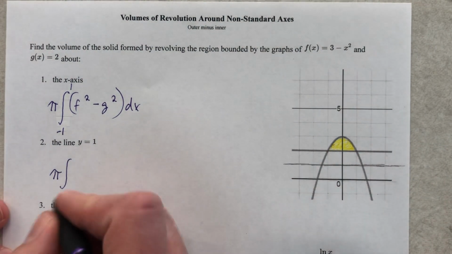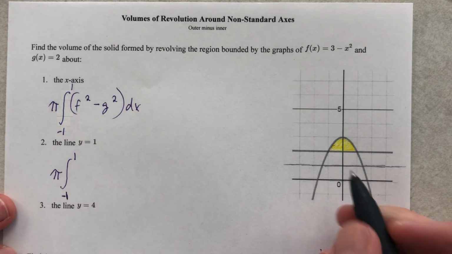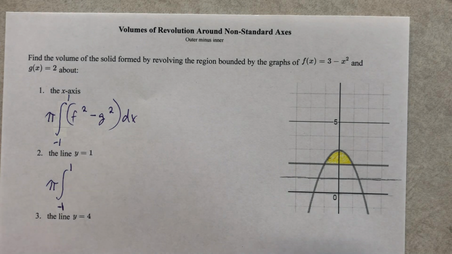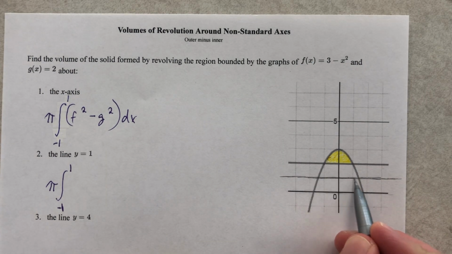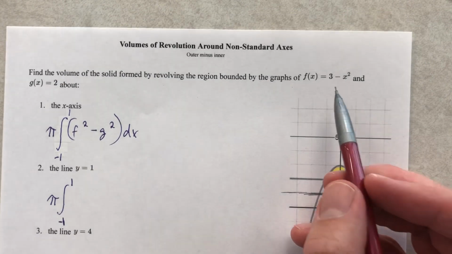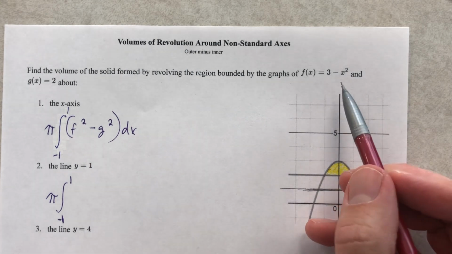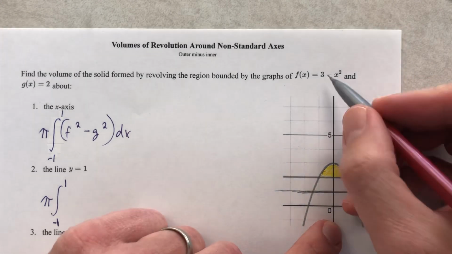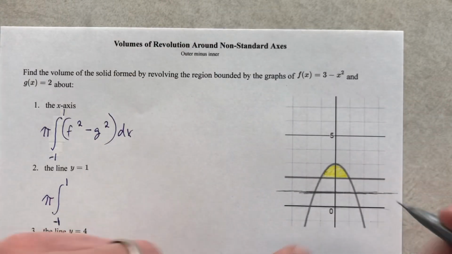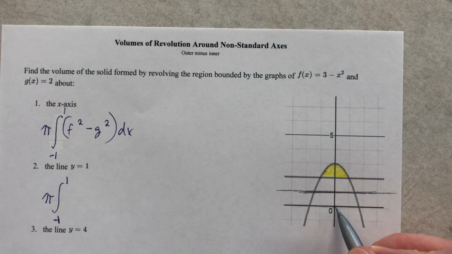Instead of 3 minus x squared, no, it's not anymore, because if this is my axis of revolution, then it is the defining baseline for my functions. So I'm not up 3 from the origin, I'm up 2 from the origin.